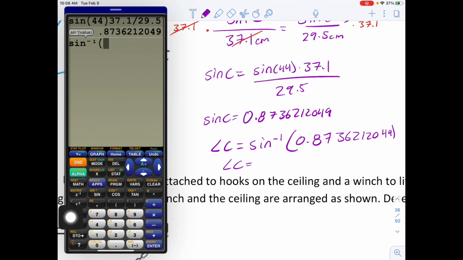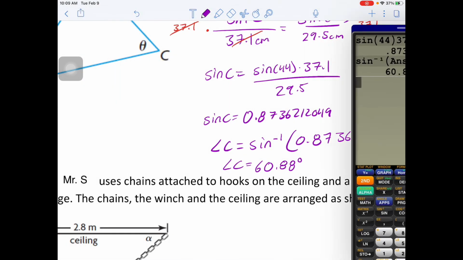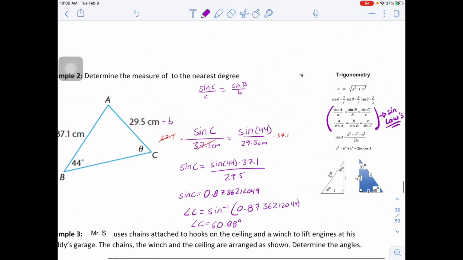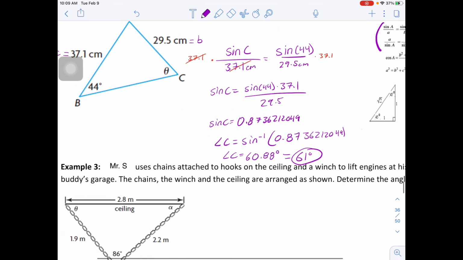If you press second and find the ANS in your calculator, that ANS is the previous answer you just got. So that will be 60.88 degrees, and let's check what it wants us to round to. It wants it to the nearest degree. So I'm just going to round it to 61 degrees. So there is angle C.